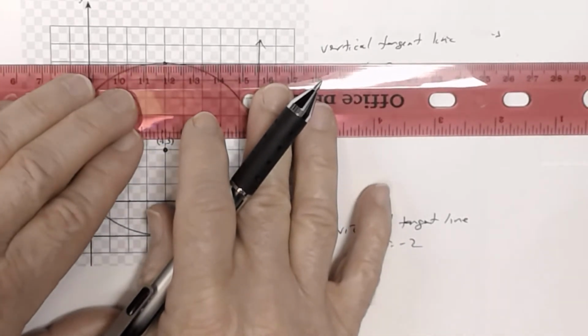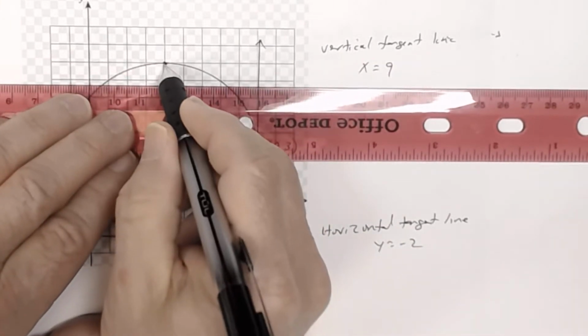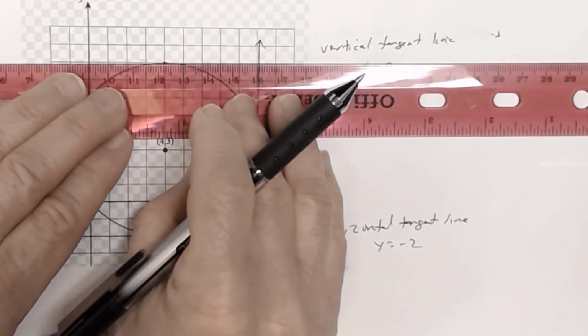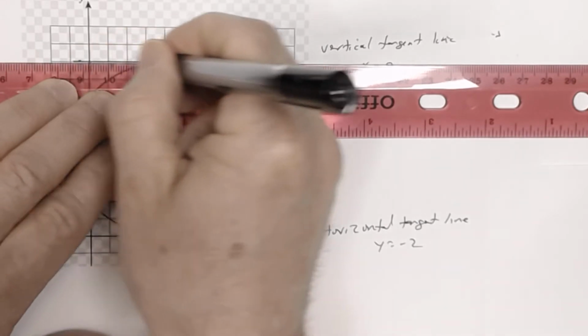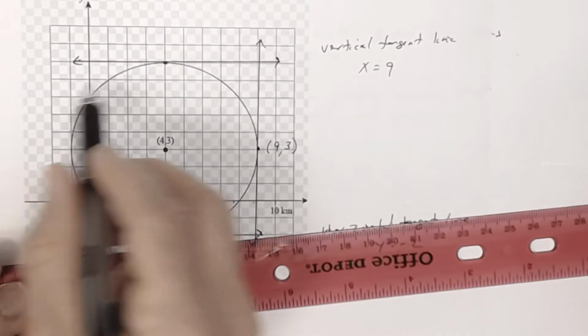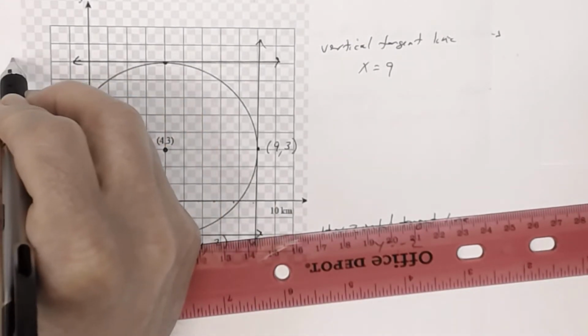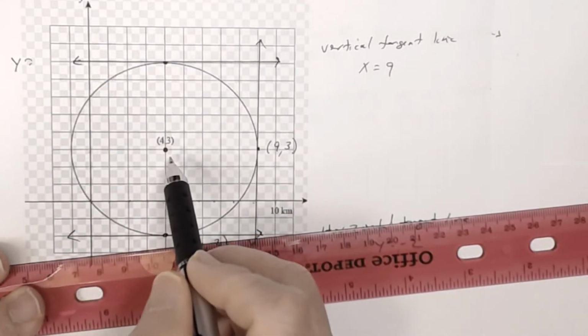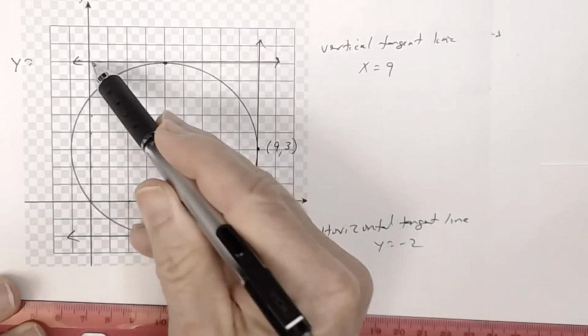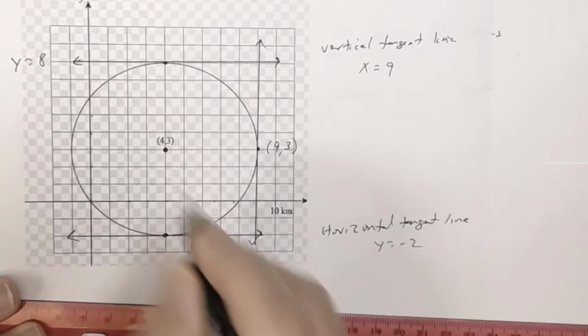The line tangent to this point is horizontal, and the equation here would be y equals... 1, 2, 3, 4, 5, 6, 7, 8. Y equals 8.